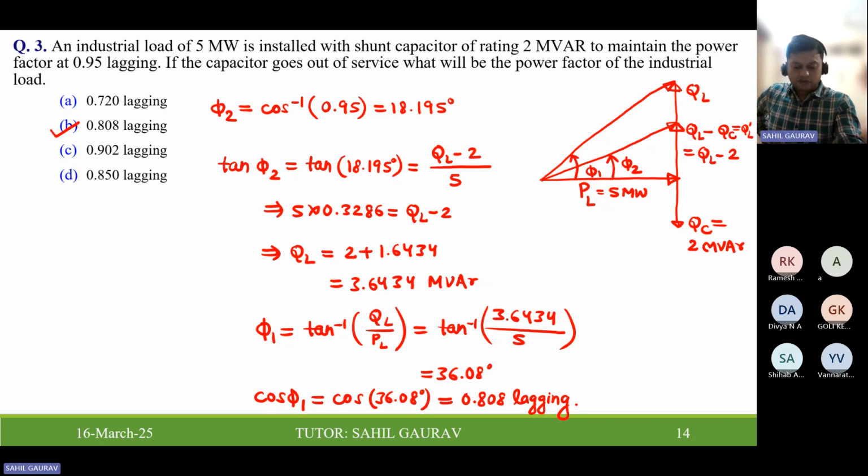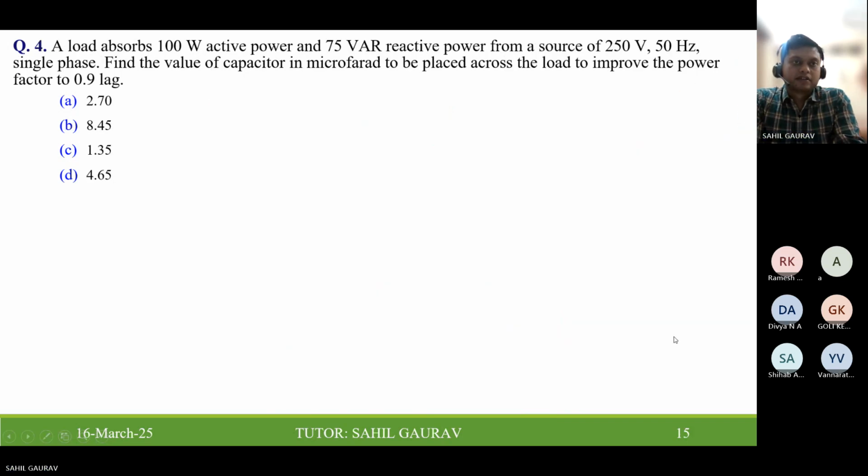So whether you apply it that way, you can approach it this way also. Okay, let us move to the next problem.